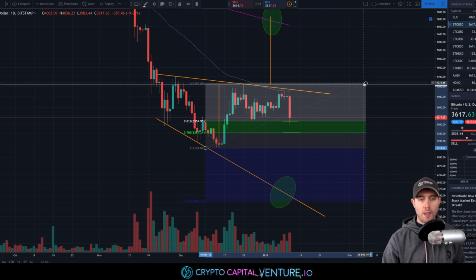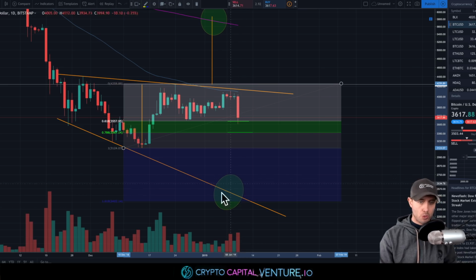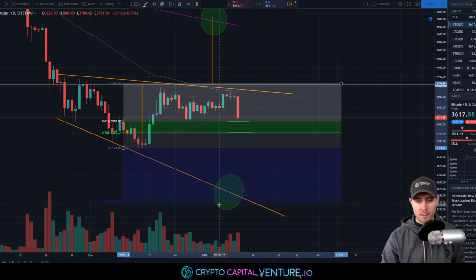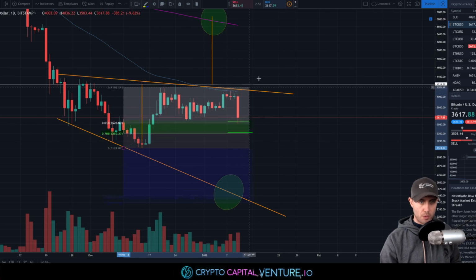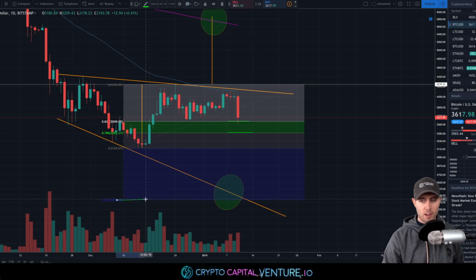If we fall below that, I will most definitely be anticipating new lows down here in the $2,500 area. And just for reference, if you take our Fibonacci from swing low to swing high, we have the 1618 right down here, right in that channel, $2,400 to $2,500.